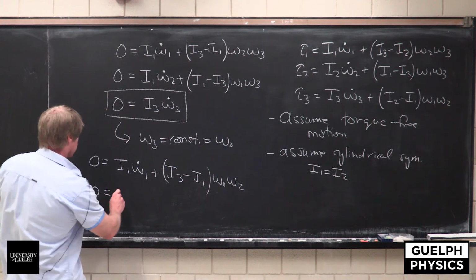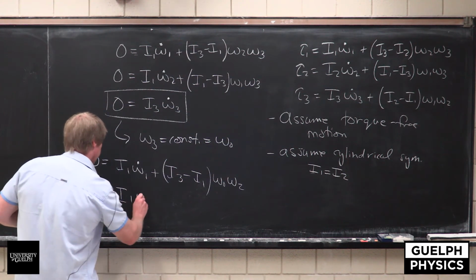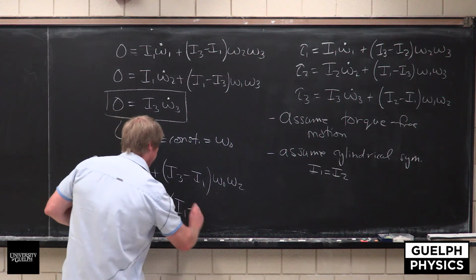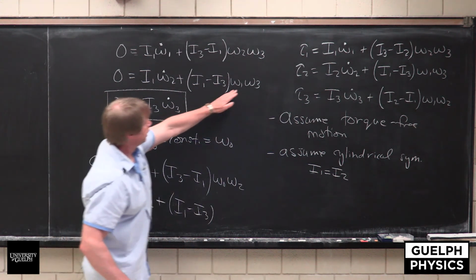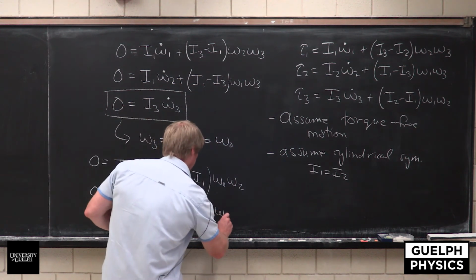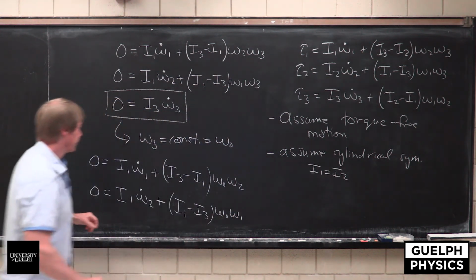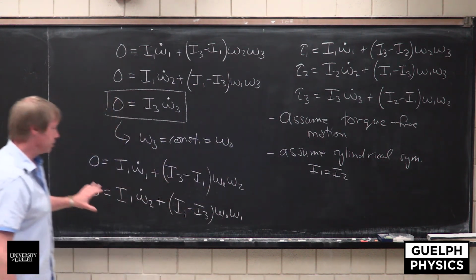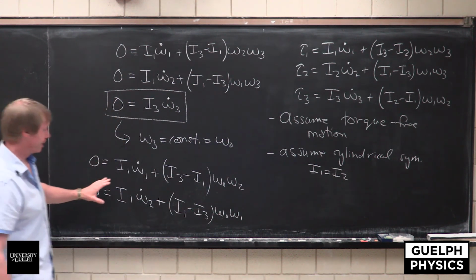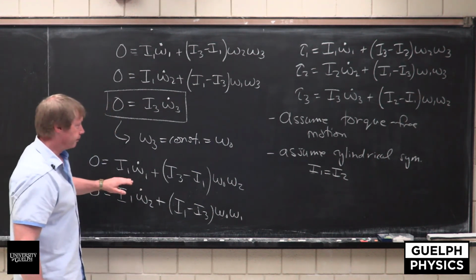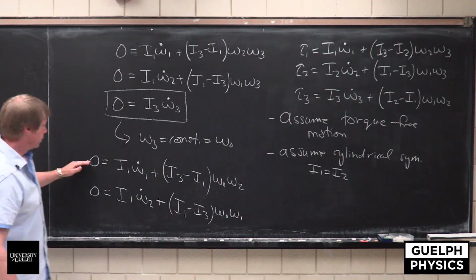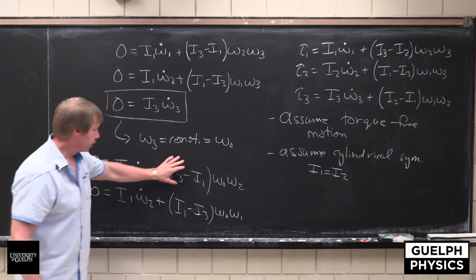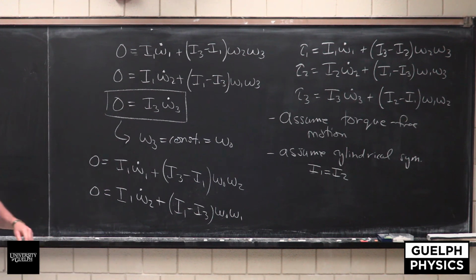And the next equation is I1 omega 2 dot plus I1 minus I3, omega 1, omega 3, so that's omega naught, omega 1. So omega 1 and omega 2 are still coupled, but at least the equations now are linear. And so to proceed, we're going to make a little trick where we differentiate one equation and sub it into the second equation.